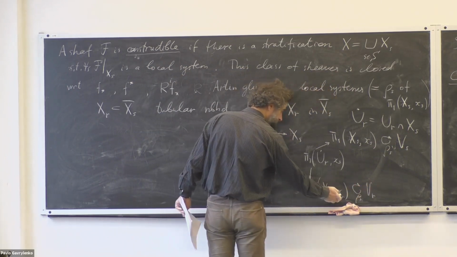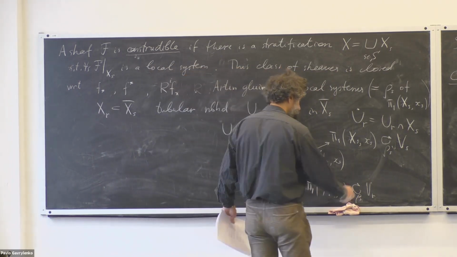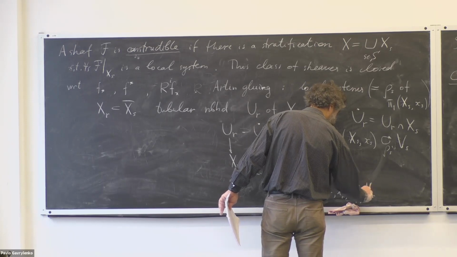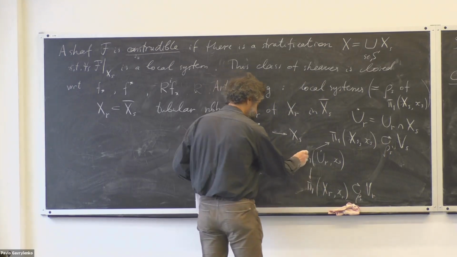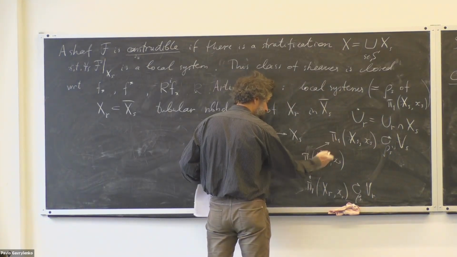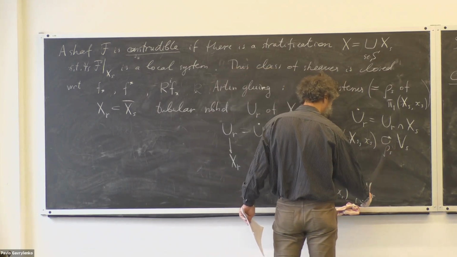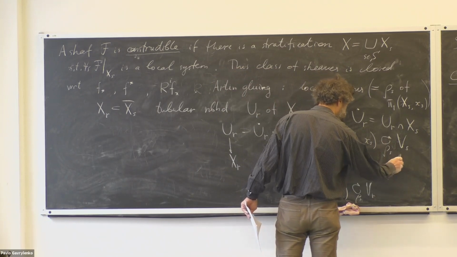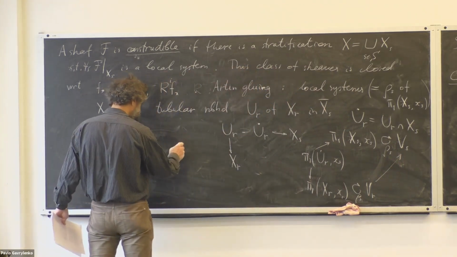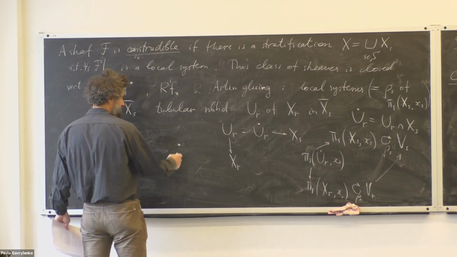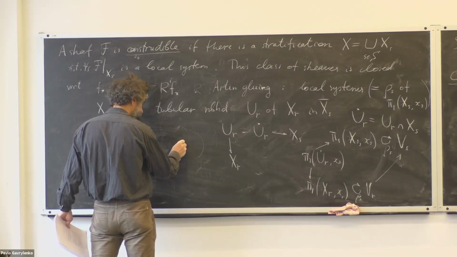Okay, and now I claim that there is some compatibility between those two representations somehow via this correspondence of fundamental groups. Namely, there is a morphism from here to here. And this because, well, let's say this is the smaller stratum, the smaller point, and this is the bigger stratum, and there is some nearby point.